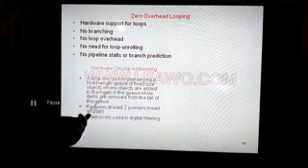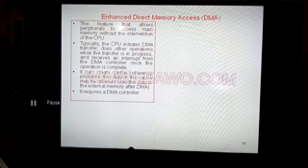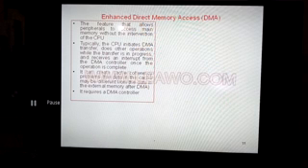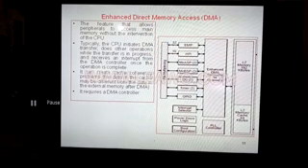Hardware circular addressing: as we know, in the case of the DSP algorithm, there is a repetition of the same algorithm for any particular value of n. It is executed from m equal to 0 to m minus 1, and then the same is repeated, which means circular addressing is required, and this feature is available with the DSP processor here.